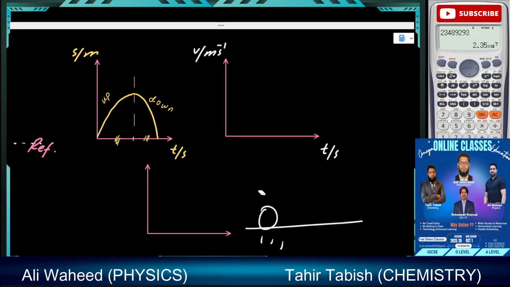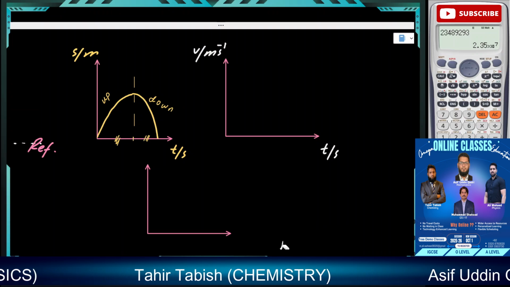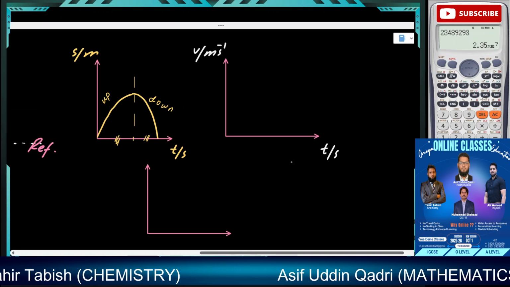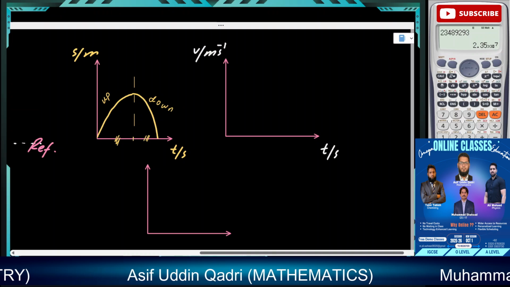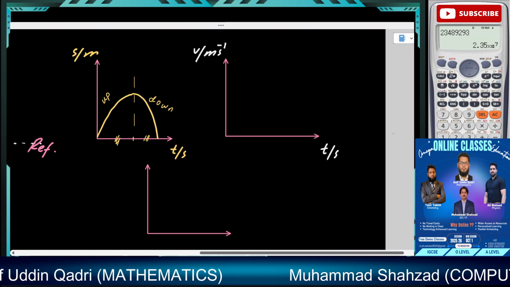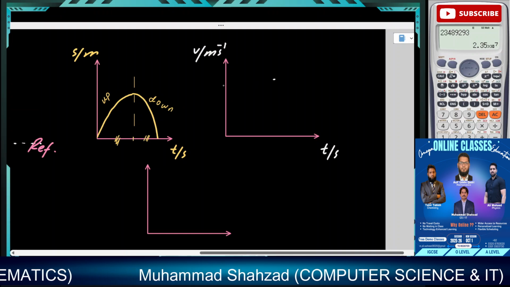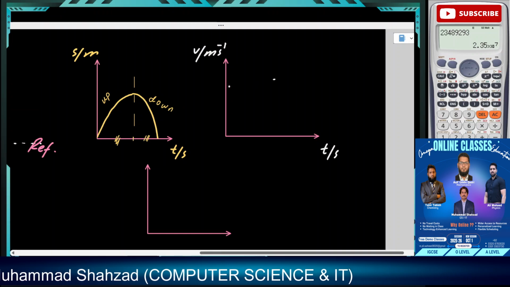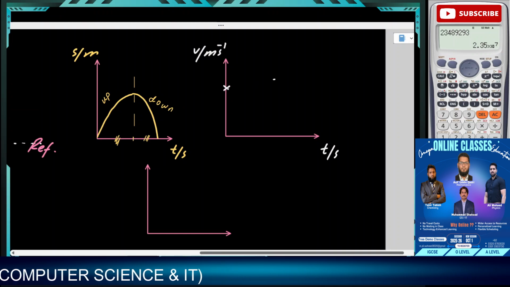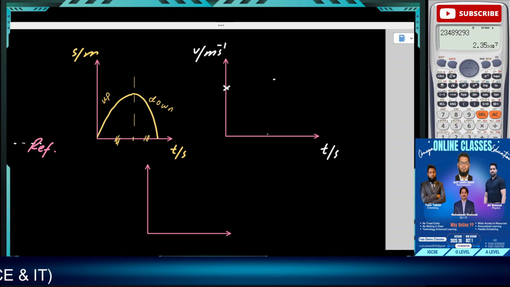And since there is no air resistance, the acceleration should be constant, which should be equal to the acceleration of free fall. Initially the velocity should be maximum, and then at the maximum height it should be reduced to 0.